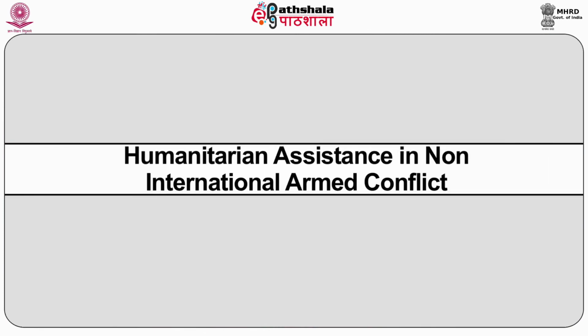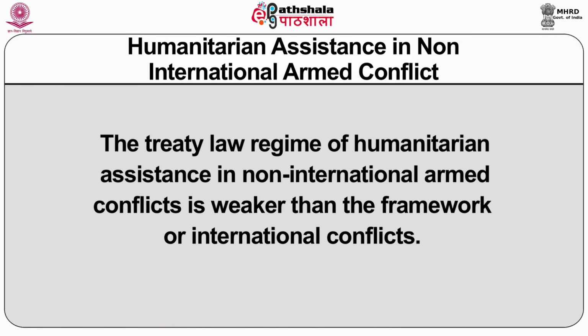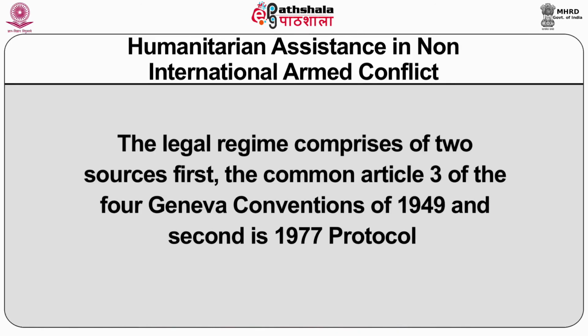Humanitarian assistance in non-international armed conflict. The treaty law regime of humanitarian assistance in non-international armed conflict is weaker than the framework for international conflicts. The legal regime comprises two sources.